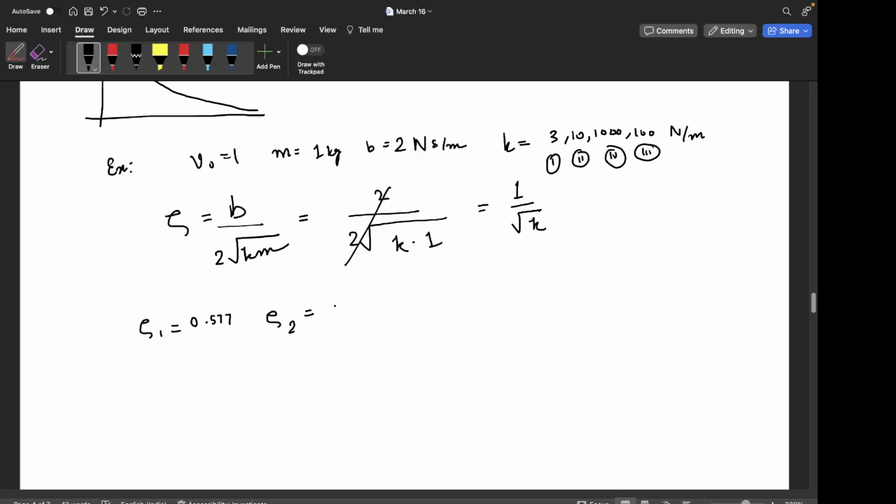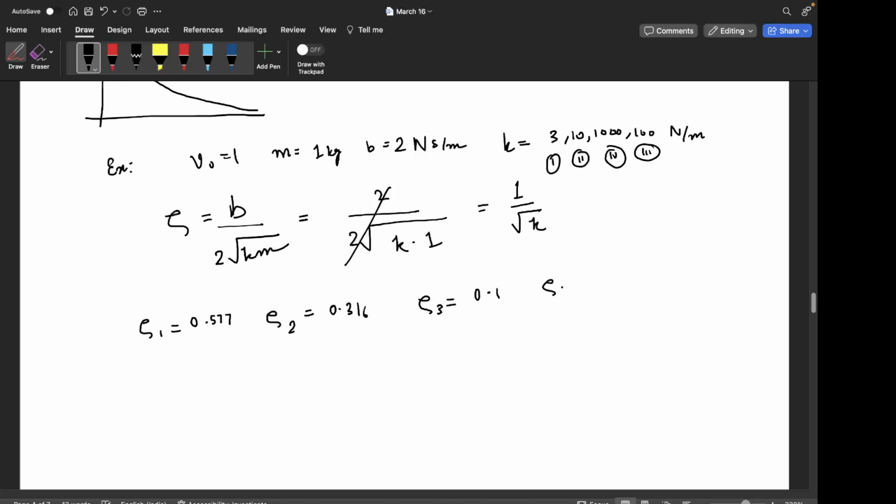Let me calculate it. 0.316. And then xi3 for 100 is 1 by 10, so 0.1.